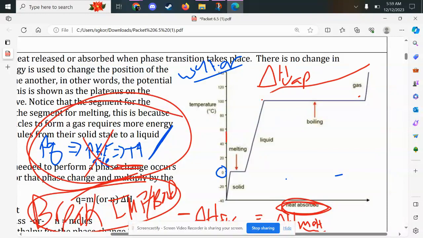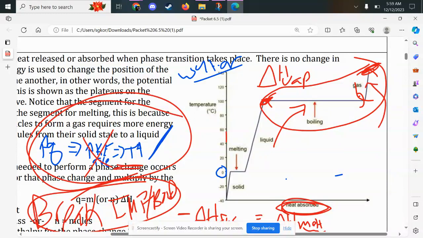So you might be asked, how much energy would it take to increase a sample of water from liquid at 100 degrees to gaseous at 140 degrees? And so then you would need to figure out how much energy did it take to boil it, and then how much energy did it take to increase the temperature.